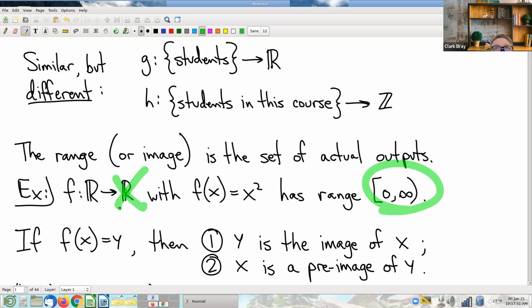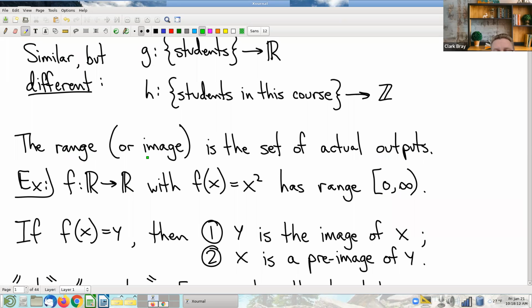Not every real number comes out. So target and image are different things. And now a little side note: because this word gets used in different ways in different contexts, it makes me uncomfortable, so I tend to prefer to say image. You're going to hear me say image more often than range, but I will use range sometimes.